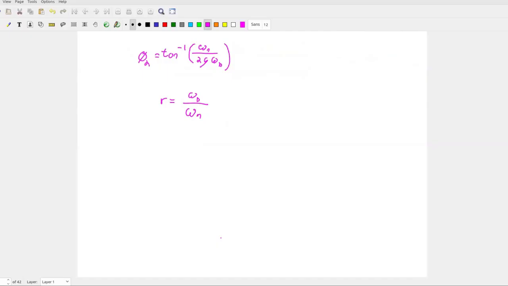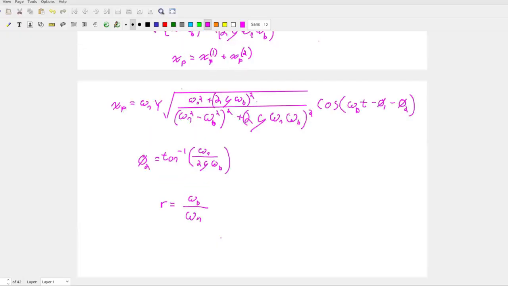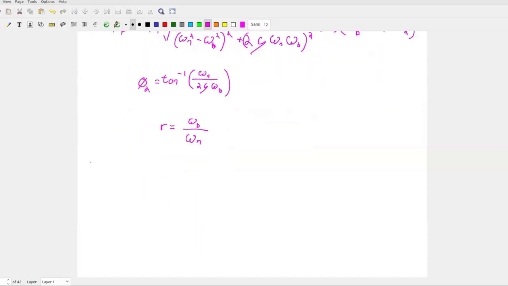Into the temporal response, we can rearrange, we can stick r back into this equation, and we can get rid of a lot of these omegas. Everyone agree with that, right?